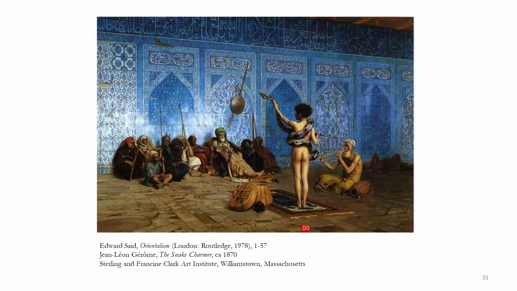The title of this book is Orientalism. Its author is a very, very famous scholar by the name of Edward Said. Notice the fact that the book is almost 40 years old. And also notice that this is its cover.